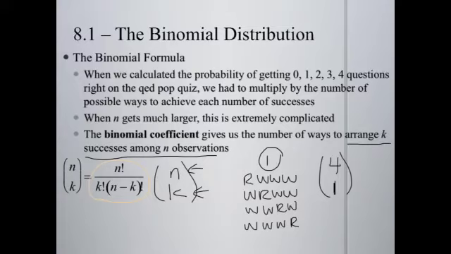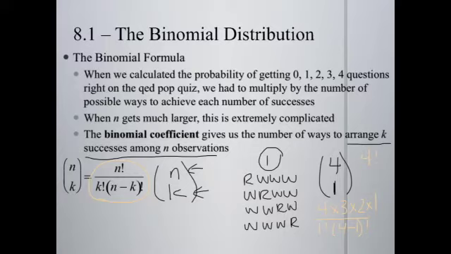But I'm not going to have you calculate this. If you've never seen factorial, you were supposed to learn that in middle school, it is 4 times 3 times 2 times 1. It's like a recursive formula for sequences and series in Algebra 2. And then over 1 factorial times 4 minus 1 factorial.